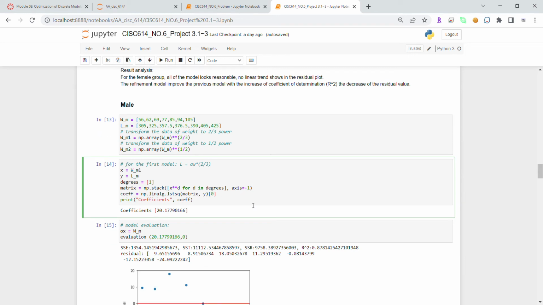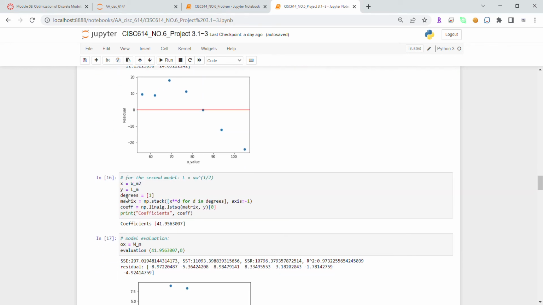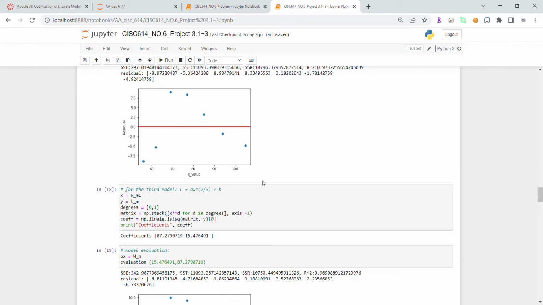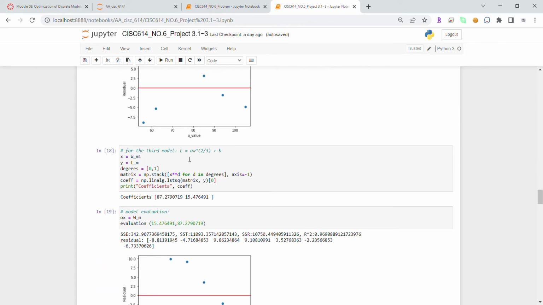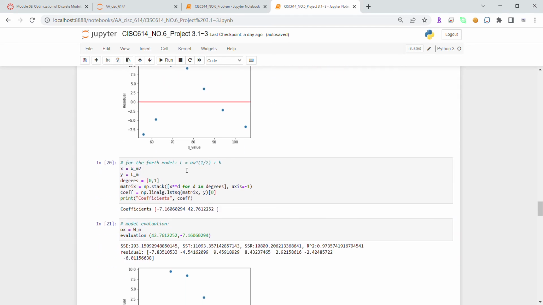So we got the result and the residual plotting for the first model. And then for the second model, we got the plotting and results. And here is the refinement model of the first model. So here is the refinement of the second model.